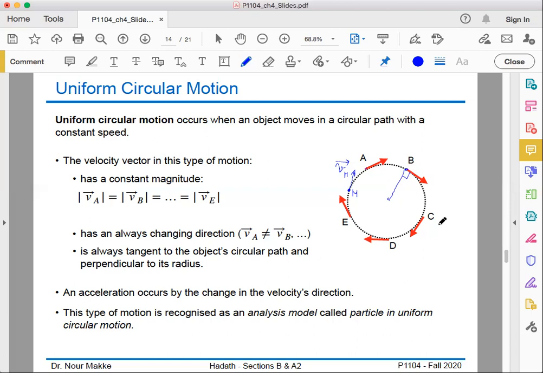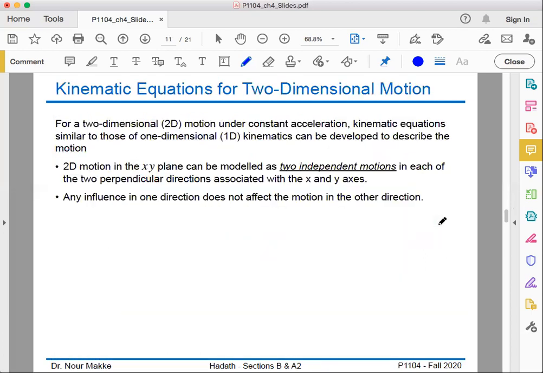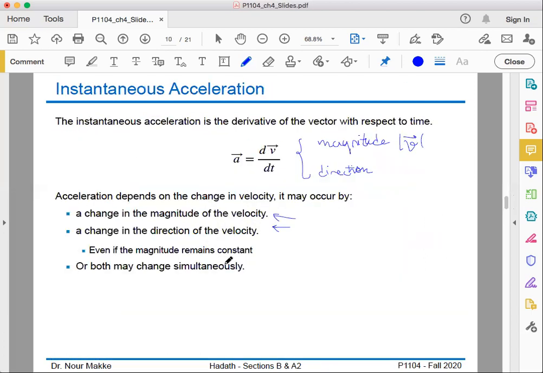In this case, the acceleration occurs because we have a change in the direction of the velocity of the particle, and we don't have a change in the magnitude of the velocity. This is what we have said here: an acceleration can be different than zero because we have a change in the direction of the velocity of the particle, even though its magnitude remains constant.